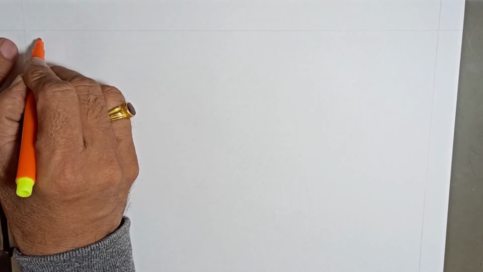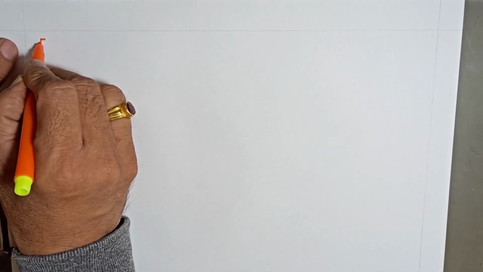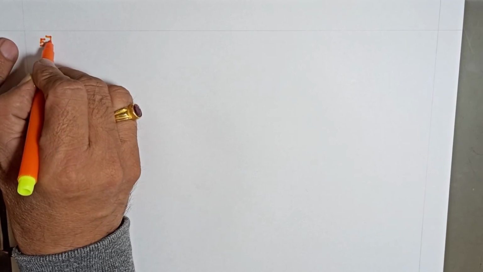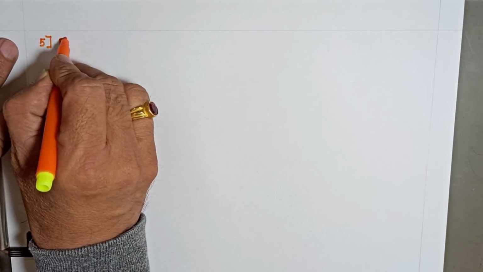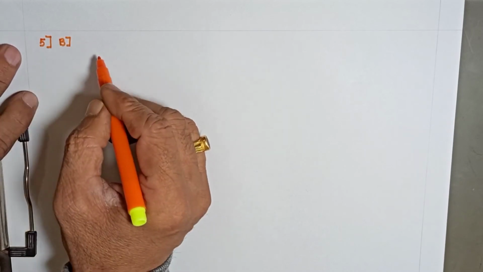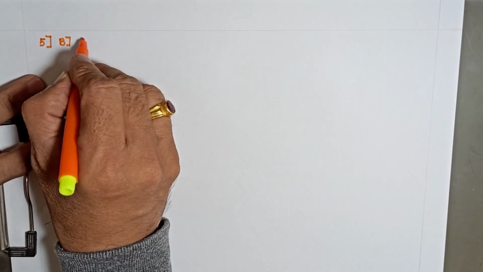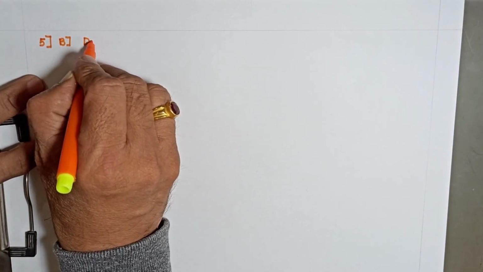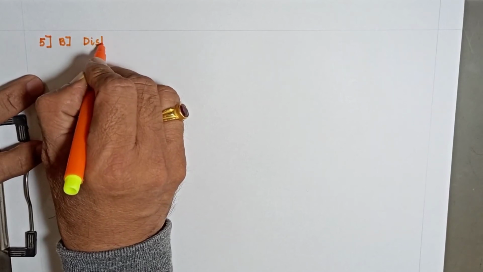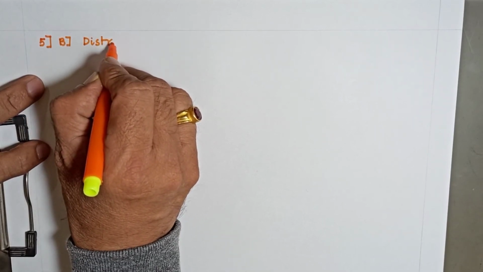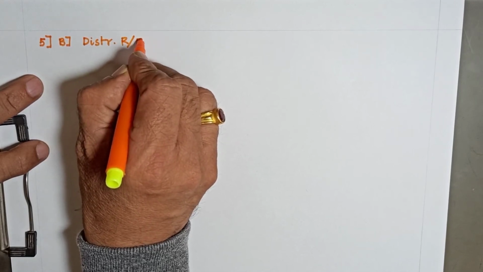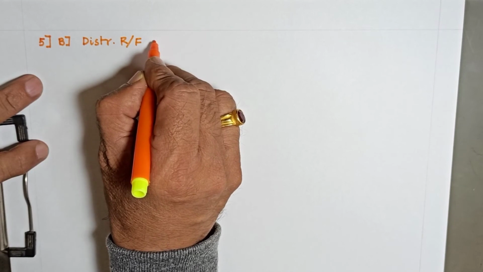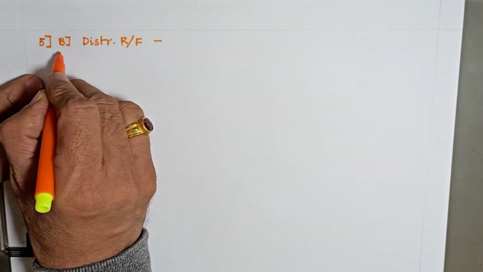Now let us see how to calculate the distribution reinforcement. That is step number 5B. In part A, we saw how to find out the main reinforcement. Now here, distribution reinforcement. Distribution reinforcement is provided along the longer span over the main reinforcement.